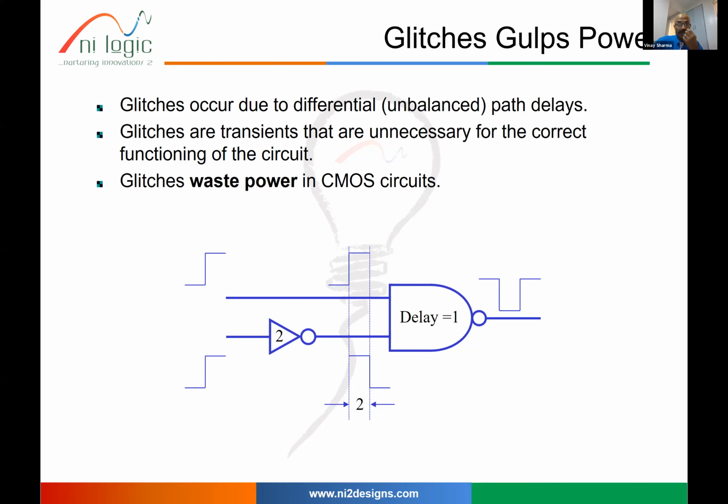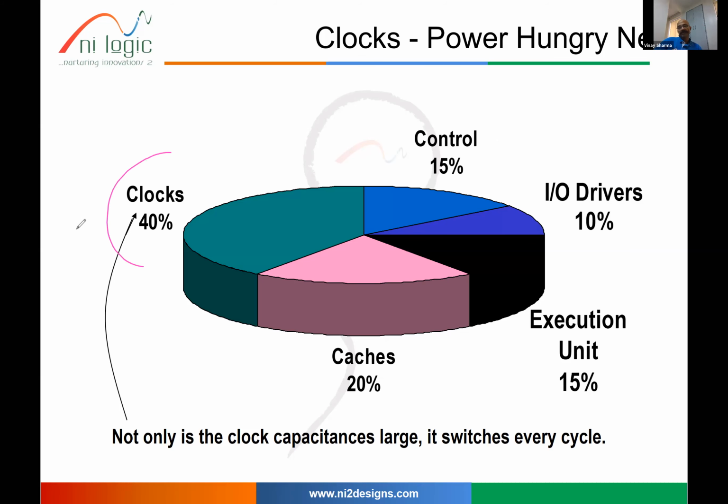The highest consuming part is the clocks, the clock network, because not only do they have a large network, but at the same time they are switching every cycle, whereas the cache memory is not updated at every clock. IOs are the slowest to operate. So the clocks consume a lot of power because of the frequency at which they operate. Now if you know this formula, P equals F C V squared, then how will you optimize your power consumption?